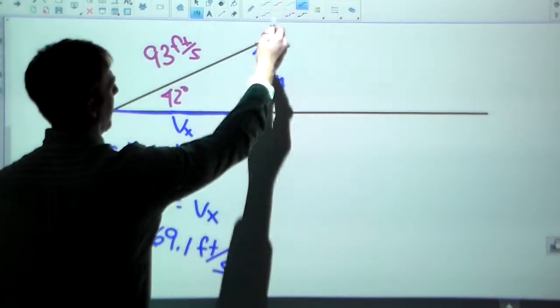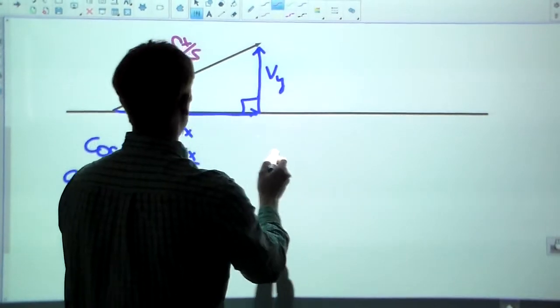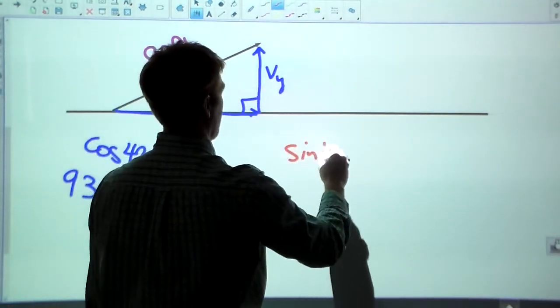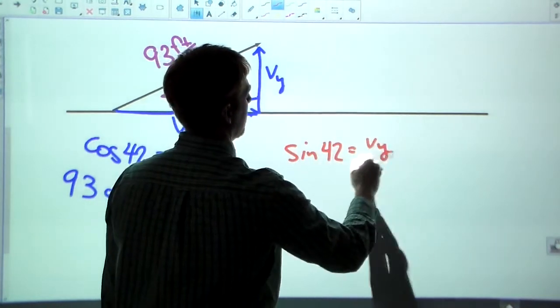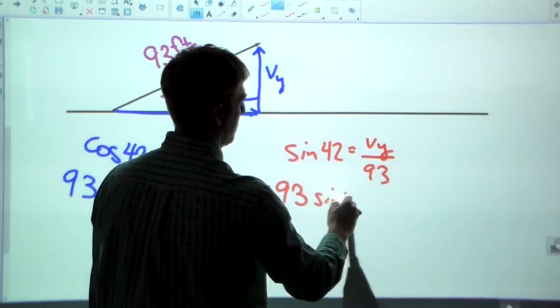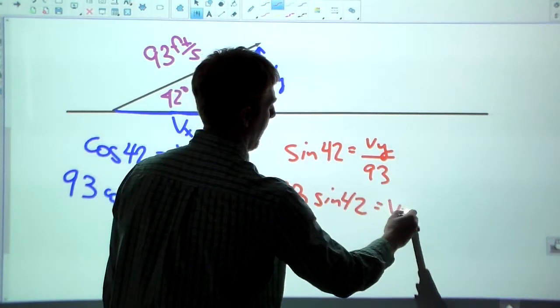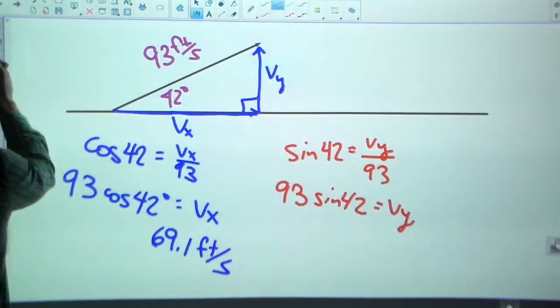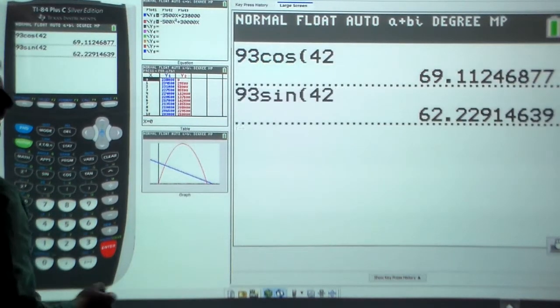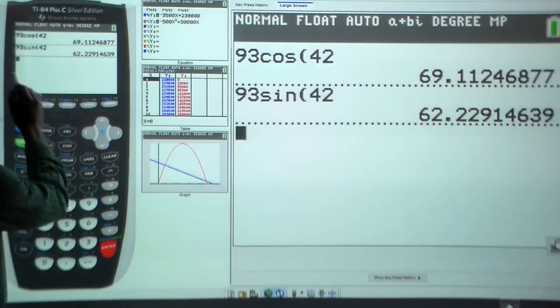So if I want to figure out that vertical piece of this, relative to the angle, that is opposite. So I'm going to set up a sine relationship. So 93 sine 42 should give me my vertical velocity. So about 62.2.